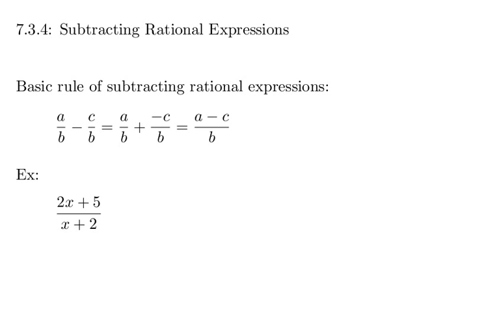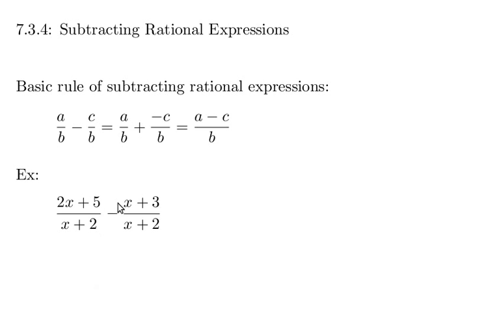So let's say we have (2x + 5) over (x + 2) minus (x + 3) over (x + 2). We already have common denominators. The next example will be one where we don't have common denominators.